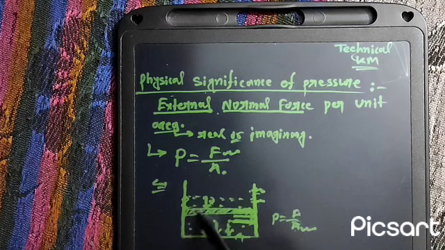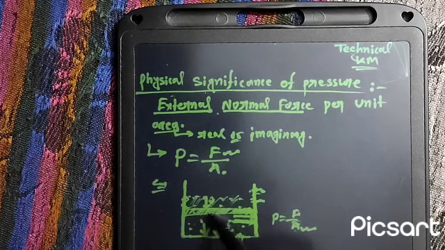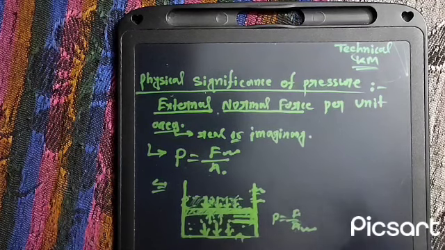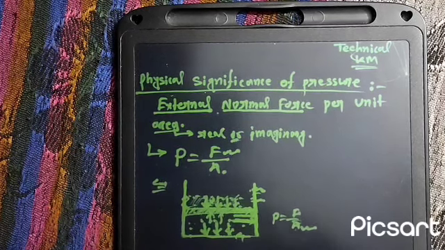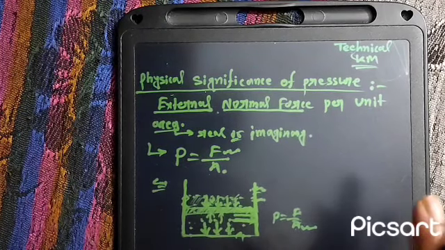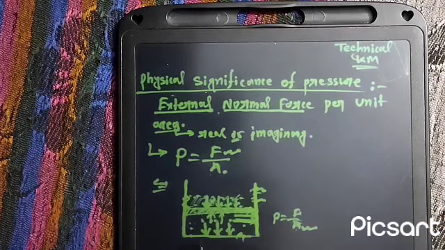On this imaginary area, the upper liquid exerts force, and the lower liquid also exerts force on this imaginary surface, and it is always normal, not oblique. Whenever pressure comes into the picture, it is an external normal force per unit area.